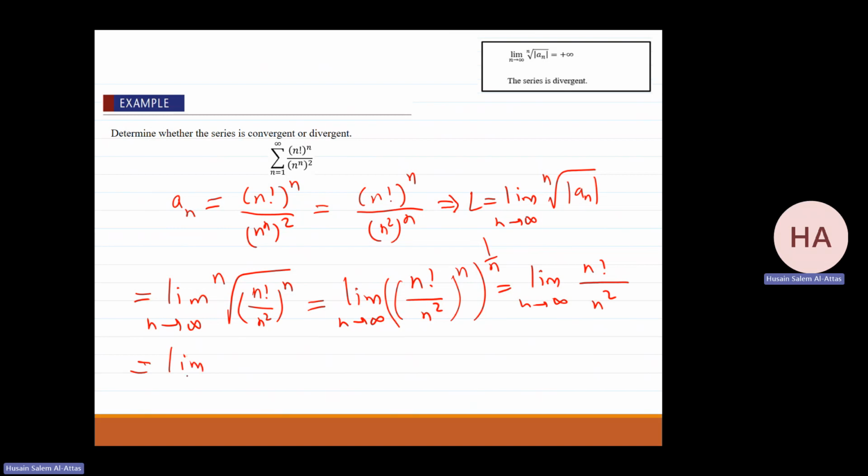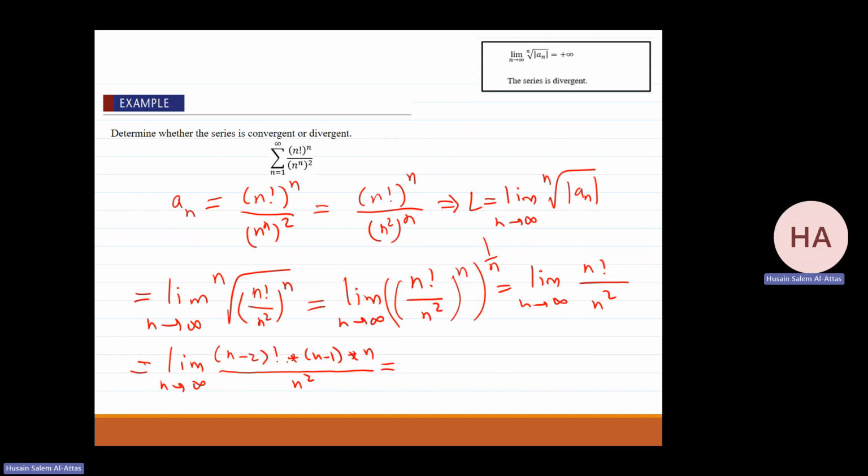That will be the limit as n goes to infinity of n factorial, actually, it's (n minus 2) factorial times (n minus 1) times n, all over n squared.